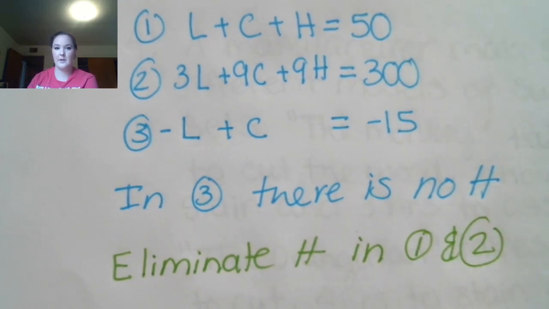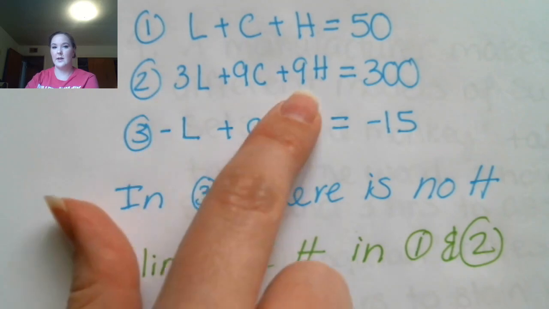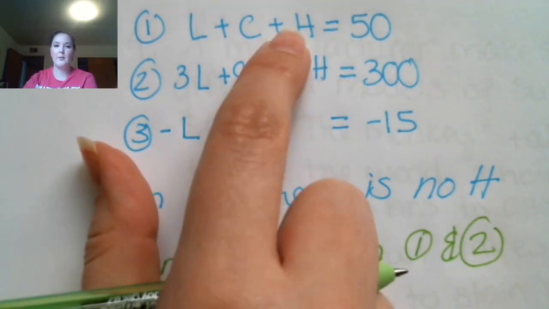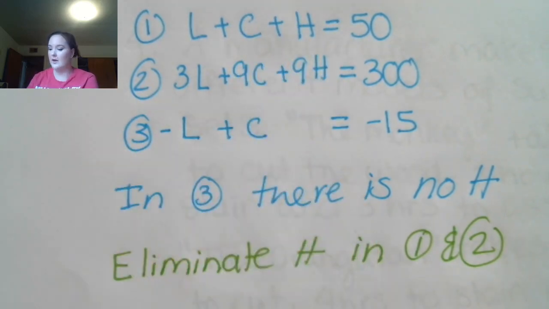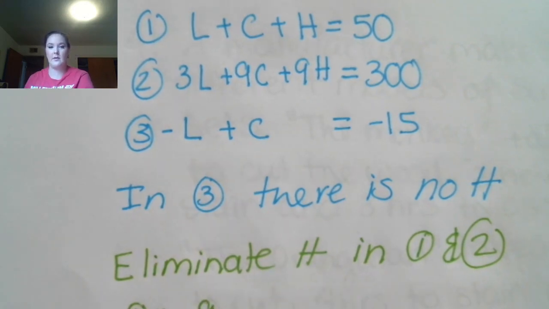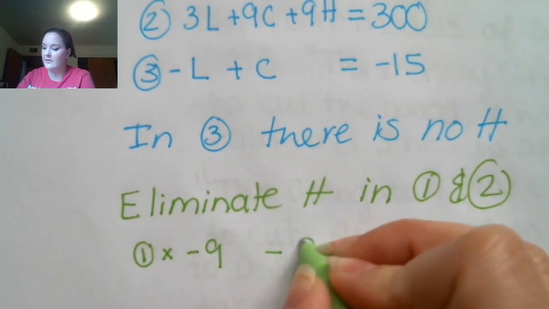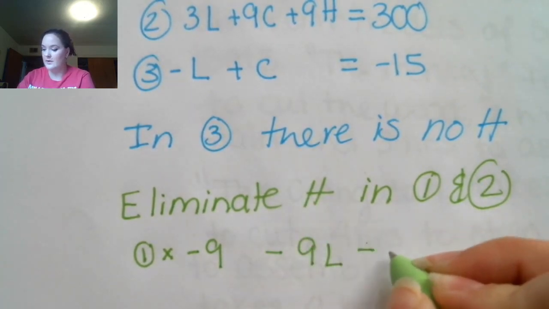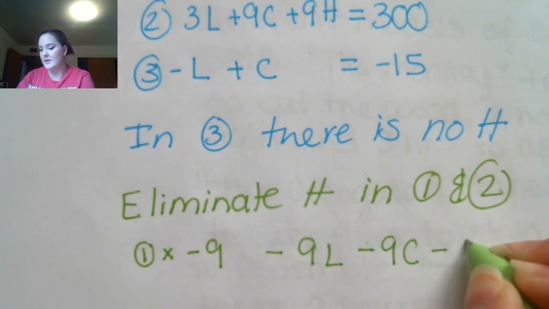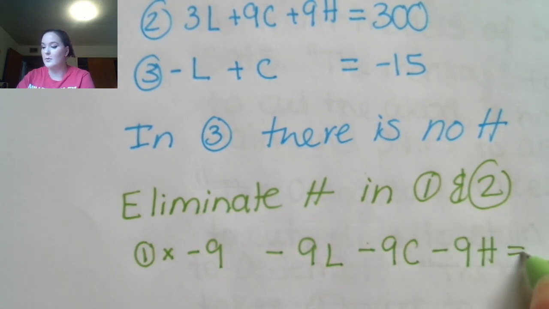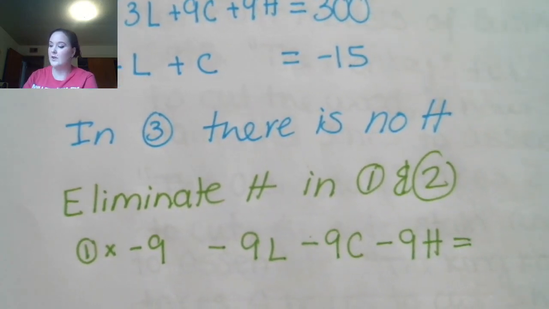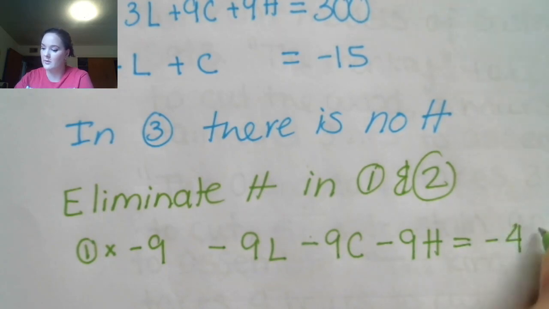If I'm trying to eliminate H, I'm going to multiply equation 1 by negative 9. So I'm going to have negative 9L minus 9C minus 9H equals negative 9 times 50, which is negative 450.